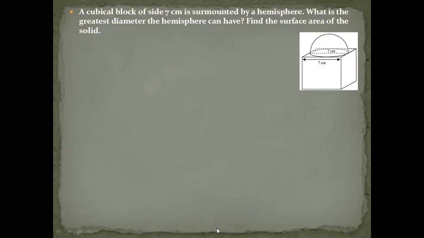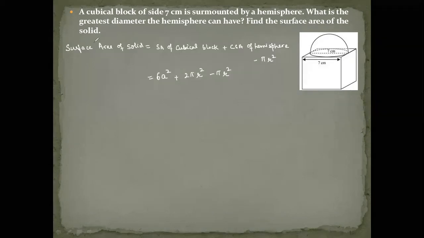So let us write. You can see here the surface area of the solid is the surface area of the cubical block plus the curved surface area of the hemisphere, minus pi r square. Why is it minus pi r square? Because of this area, which is occupied by the hemisphere, so it is not exposed.